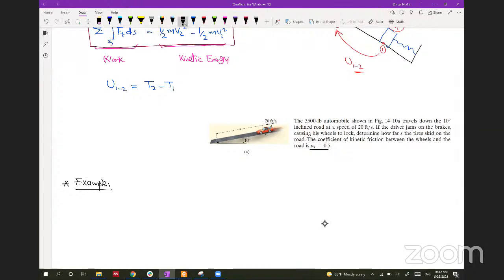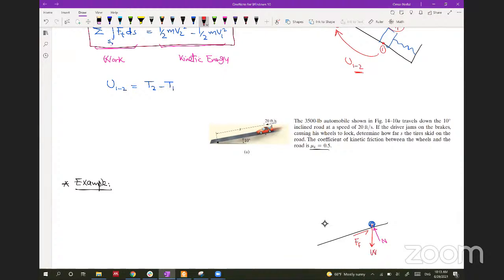So here is the road, and let's assume that this is the car. We have the weight of the car going down, we have a friction force, and we have a normal force exerted by the surface on the car.